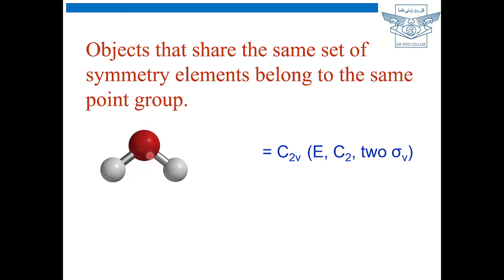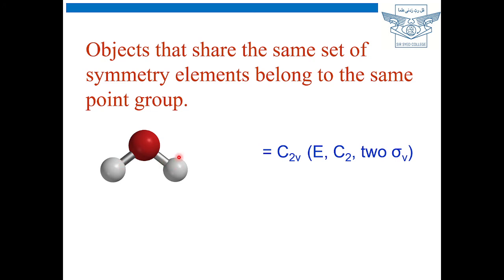Let it be a water molecule: H1, H2, and oxygen. And of course, there are lone pairs of electrons, which I have not shown here. There is a lone pair, there is a lone pair, which is exactly perpendicular to the orientation of these two hydrogens.